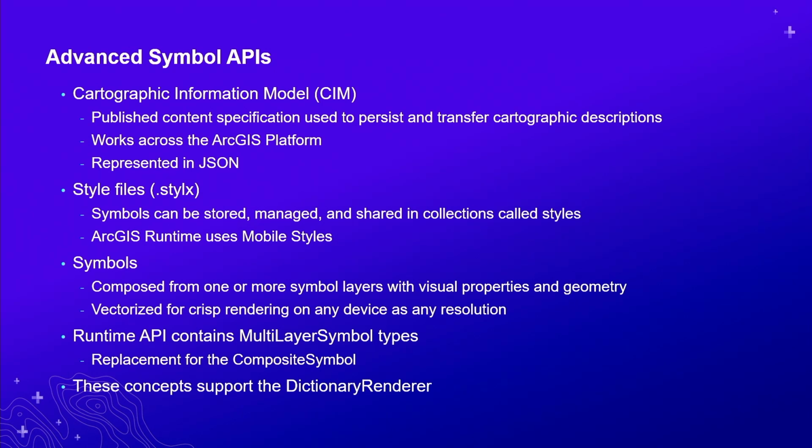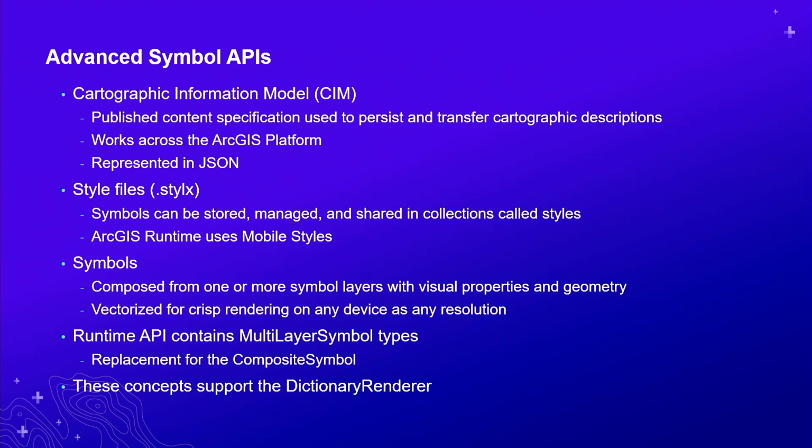So I mentioned symbols based on this cartographic information model. So I'll talk about CIM symbols. And these symbols are contained within style files. So style files are a database of symbols that allow you to store, manage, and share collections of these styles. ArcGIS Pro allows you to create styles, and ArcGIS Runtime can consume these styles.